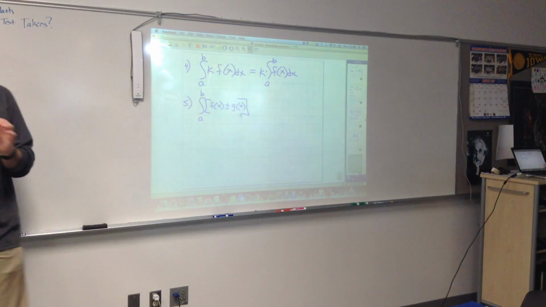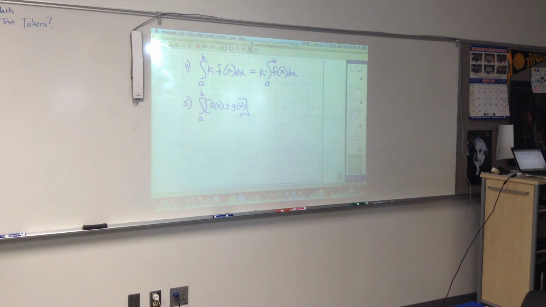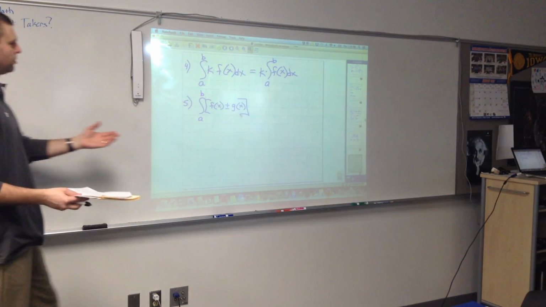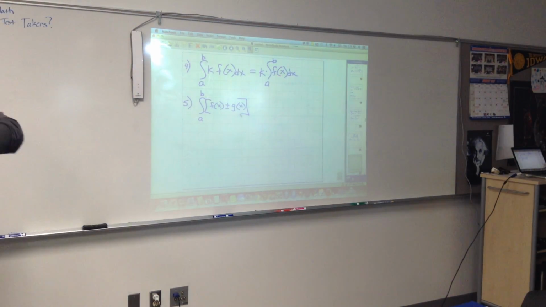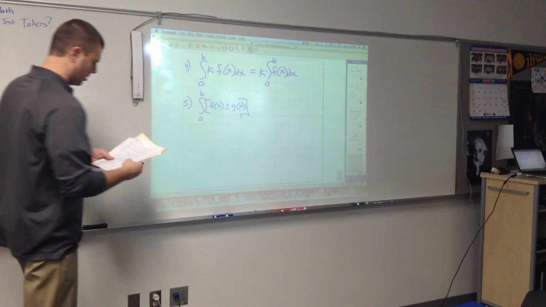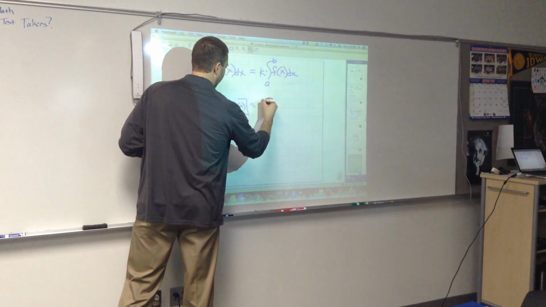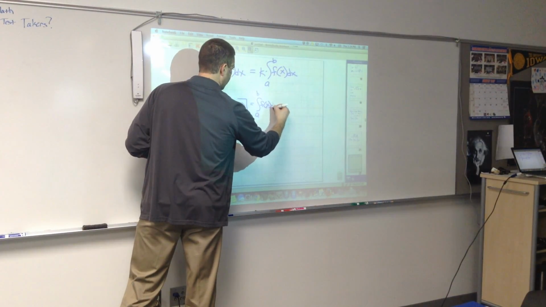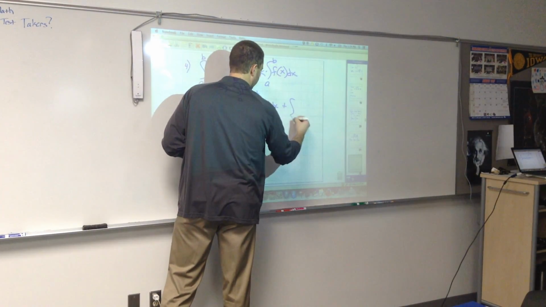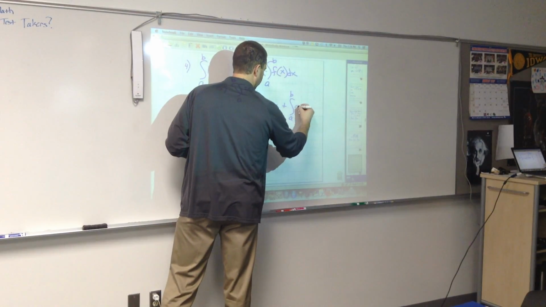If you have to find the definite integral from A to B of two functions added or subtracted together, you can do each one separately. So you could find the definite integral from A to B of f of x, and add that to the definite integral from A to B of g of x.